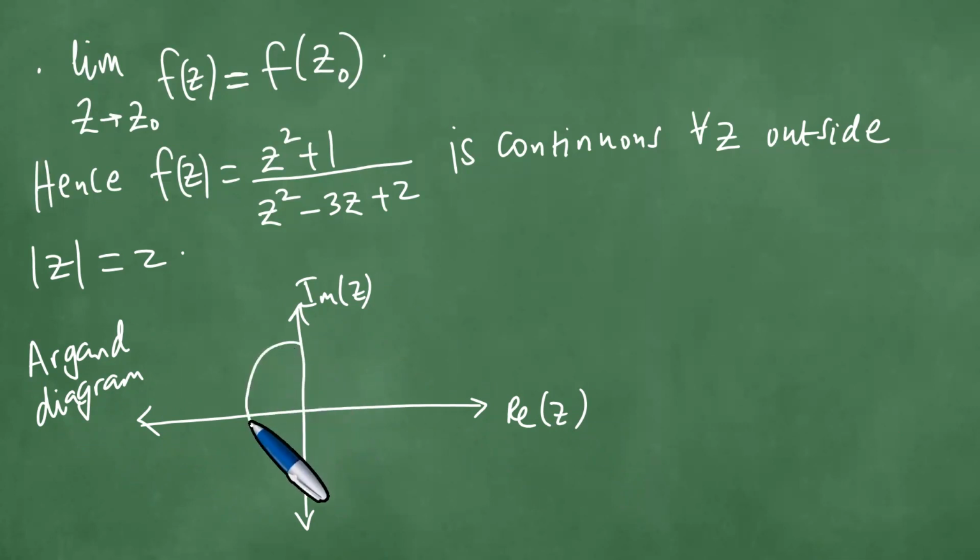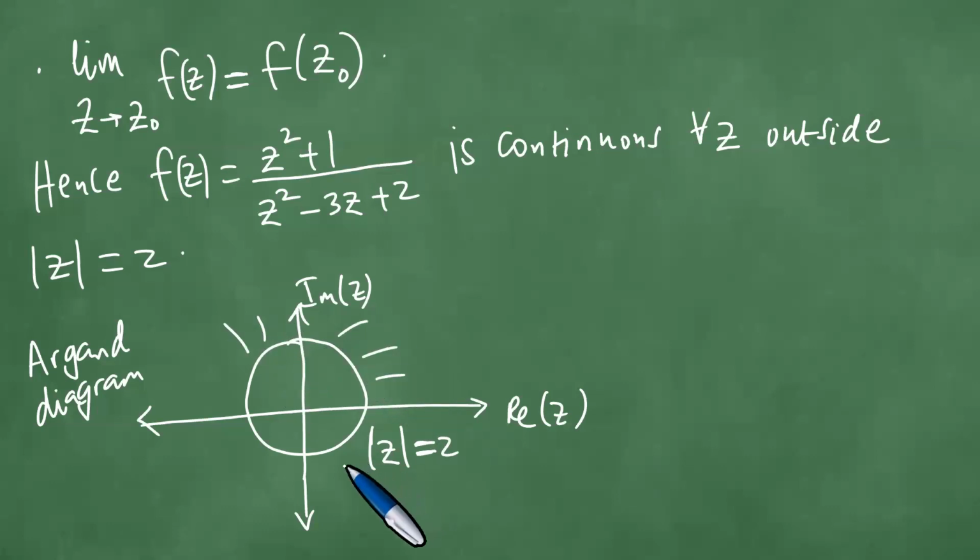You draw a circle like this of radius 2 units. If we look at the region outside, we are actually looking at the fact that this is continuous for all z outside this.